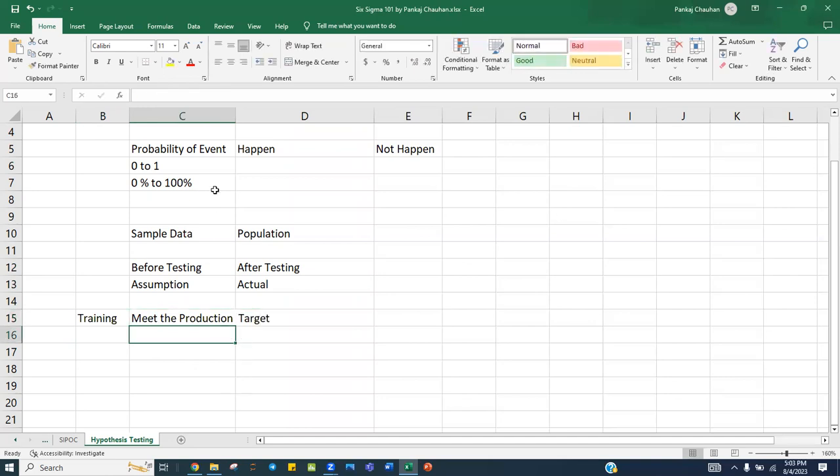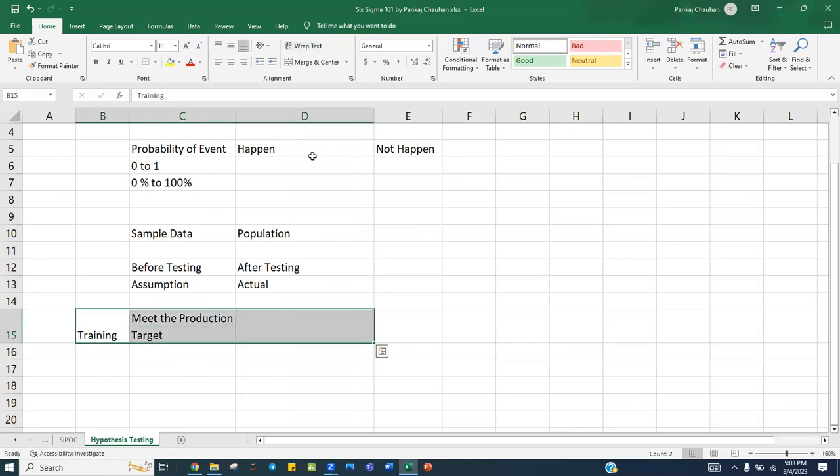You are making an assumption that you will meet the production target. In actual, when you collect the sample data, maybe you have trained new people and they are on the floor for a week, and you are assuming they will meet the target, or the new machine maintenance you have done, after which you assume the machine will run as expected, which means it will be able to produce the number of products you want. So this is your assumption.